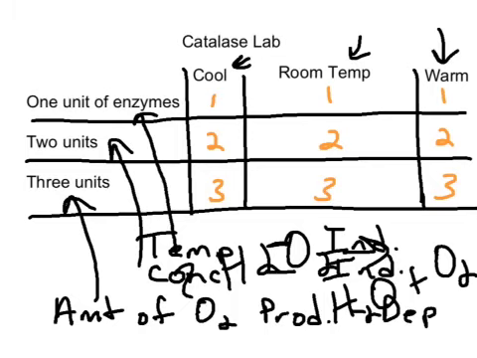And it was dependent on what? It was dependent on the temperature or the concentration, because those are the two things that we changed. So now you know which one's the independent and the dependent. Remember, the independent would be graphed on the x and the dependent on the y.